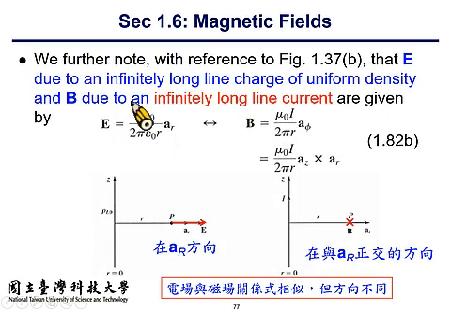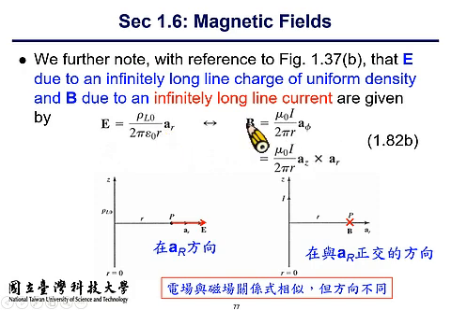And here is the result of infinitely long line charge and infinitely long line current. So here is the source placed along the z-axis. And as you can see, the electrical field is pointing to the right, and its magnitude is inversely proportional to the distance r.